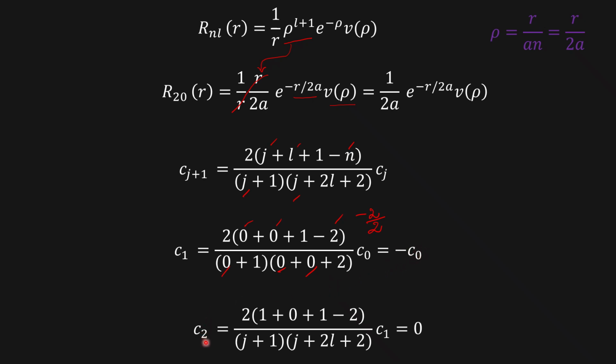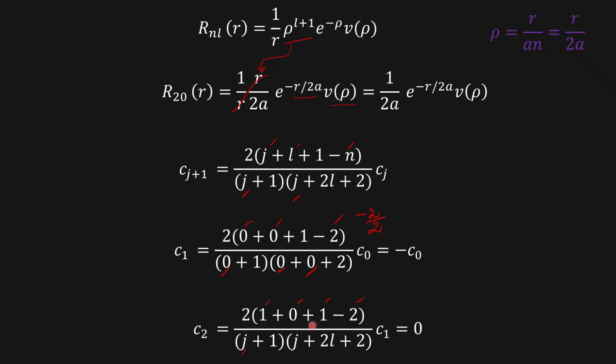What about C2? For the case of C2, j equal to 1. So I have replaced j as 1, l is 0 and plus 1, n is 2. Similarly, j is equal to 0, and here before going into the numerator, you just see the denominator.